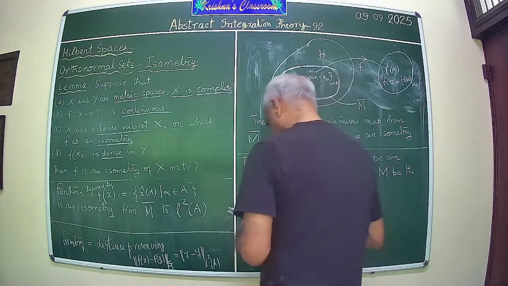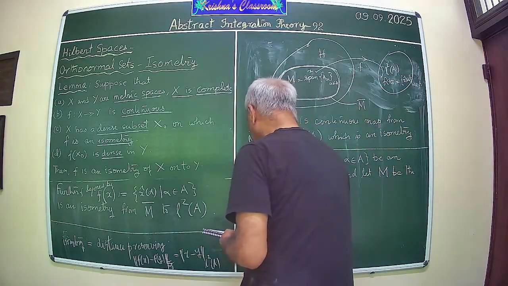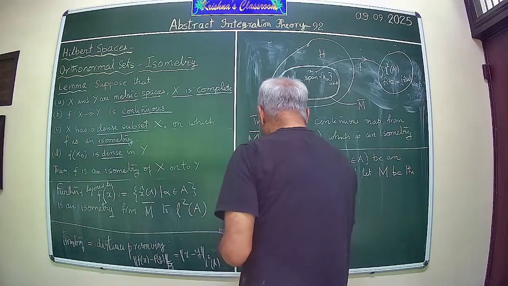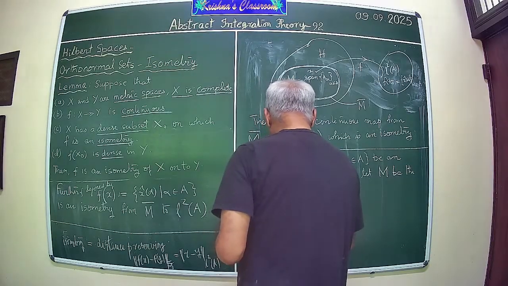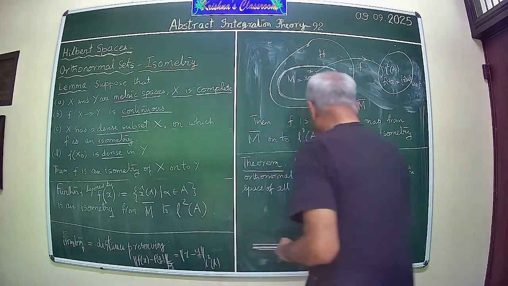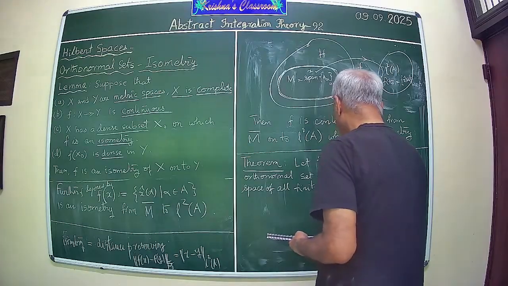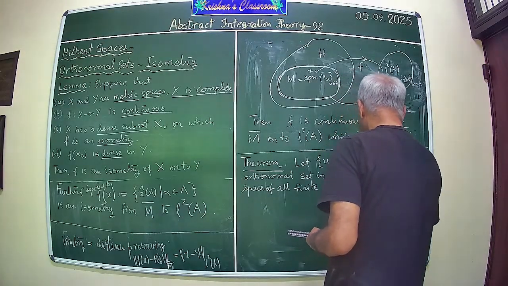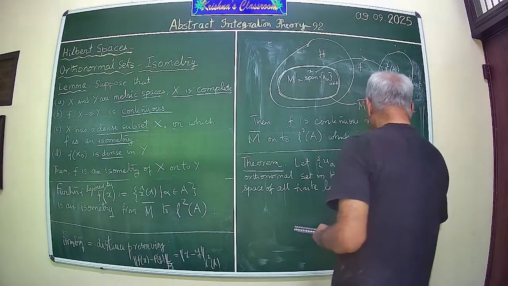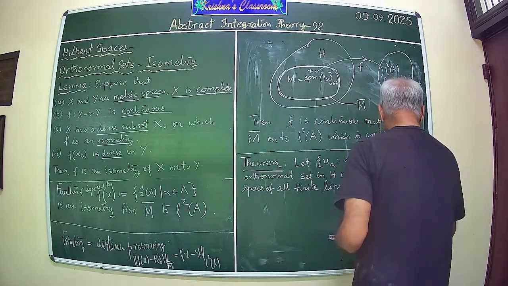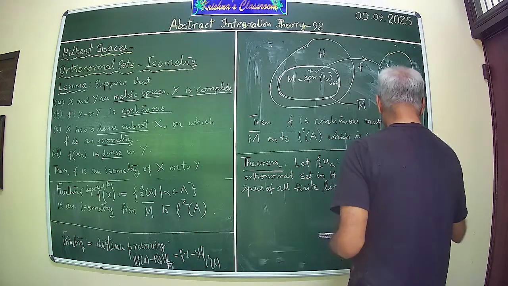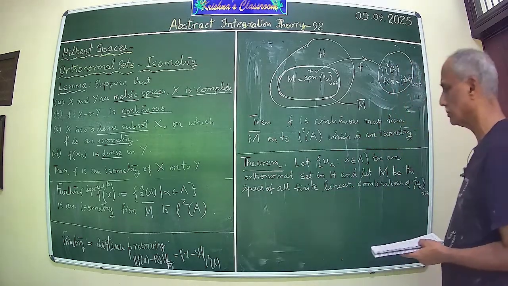Let M be the space of finite linear combinations of the u alpha. Now A need not be finite.